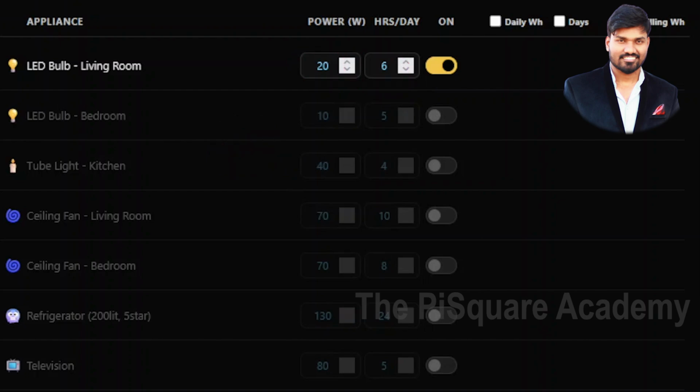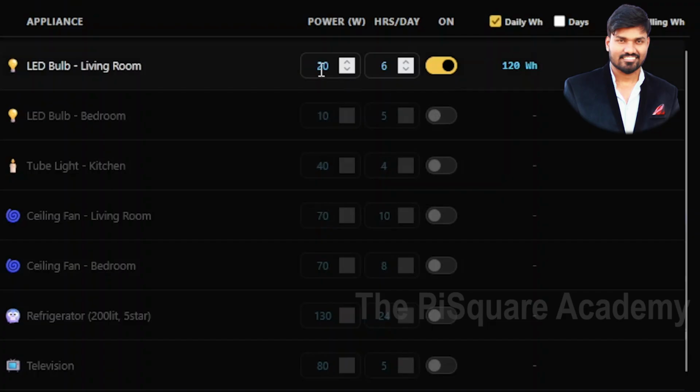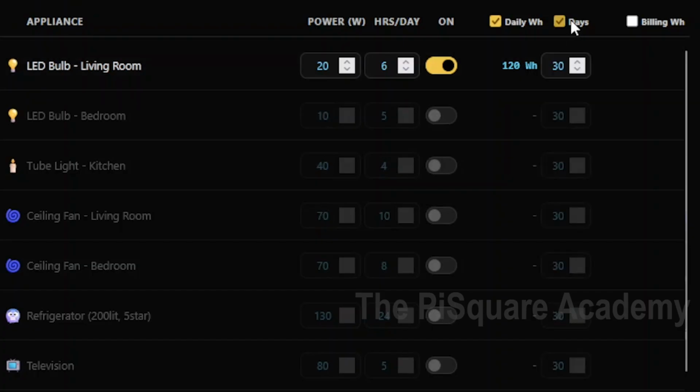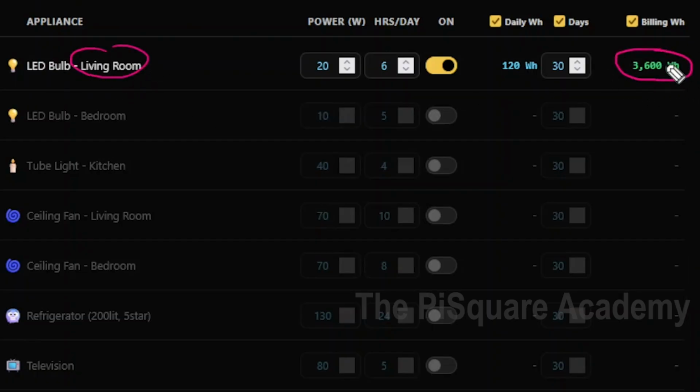So daily watt hour is 20 into 6, 120 watt hour. I am calculating for 30 days. So 30 into 120 is 3600 watt hours. For 30 days, this living room bulb will consume 3600 watt hours.